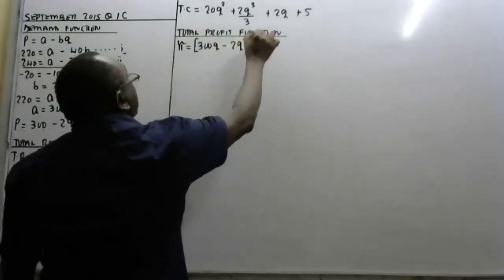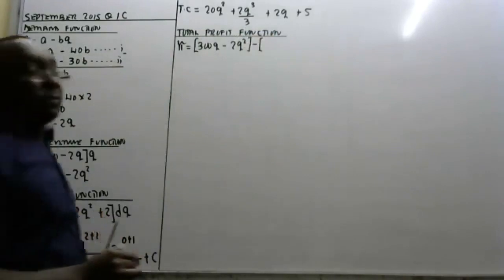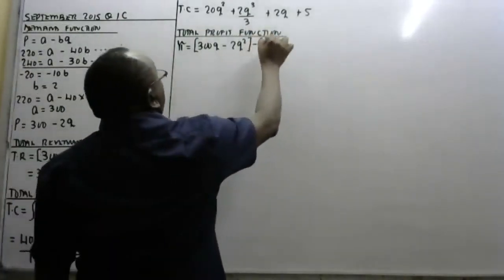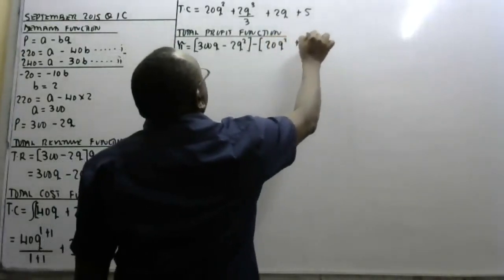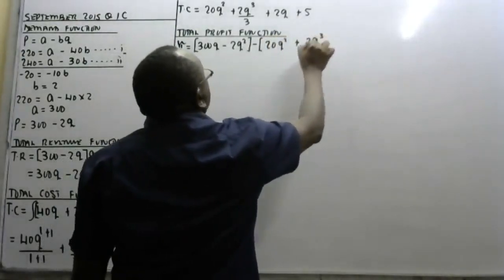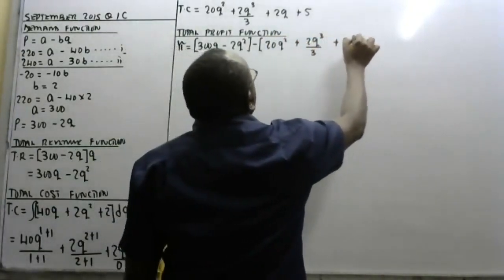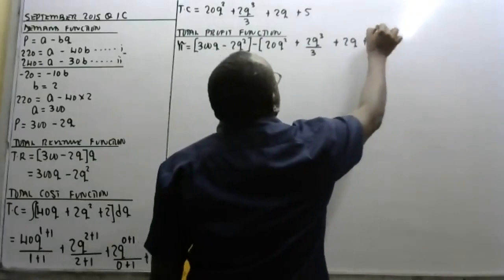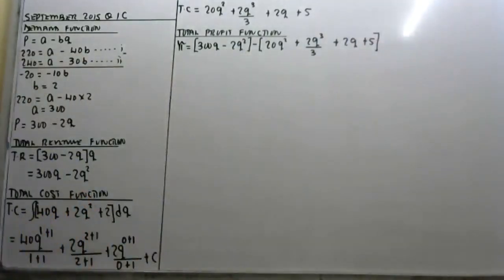Now this one, you minus the total cost. The total cost is 20Q squared plus 2Q cubed out of 3 plus 2Q plus 5.